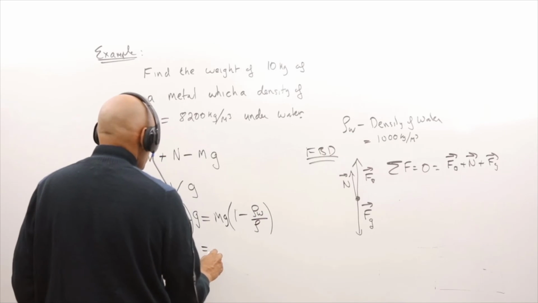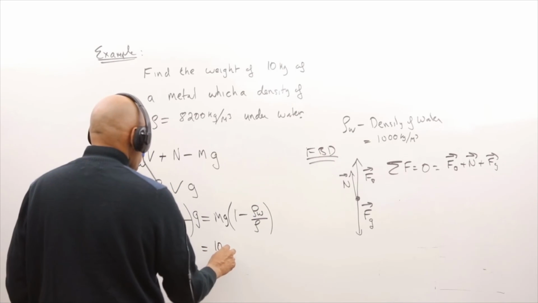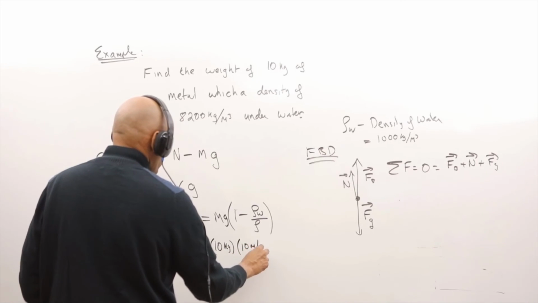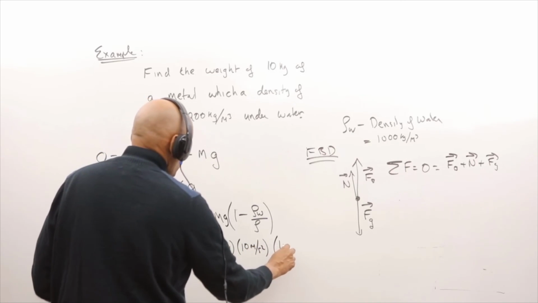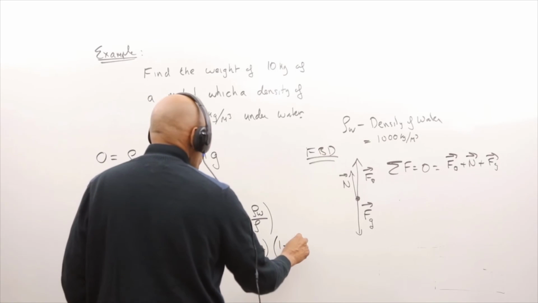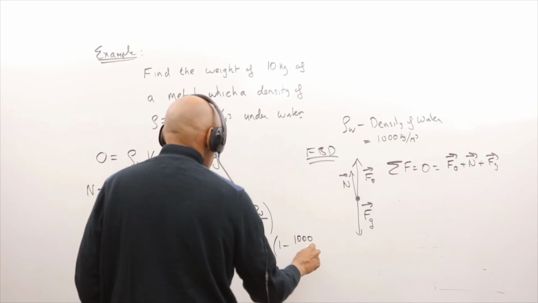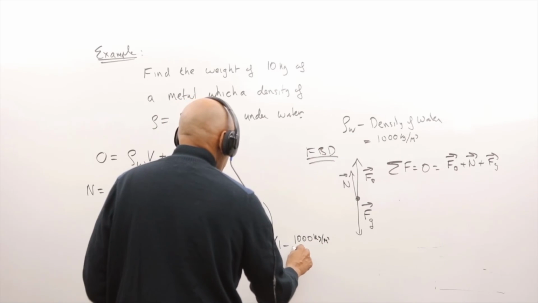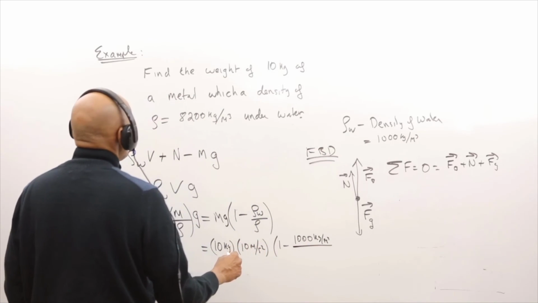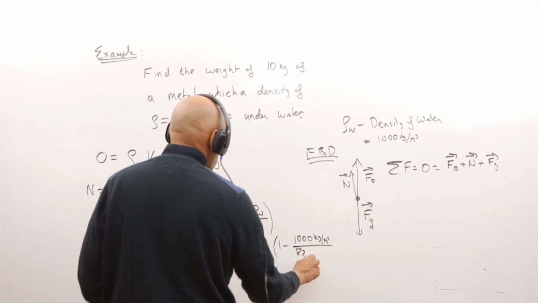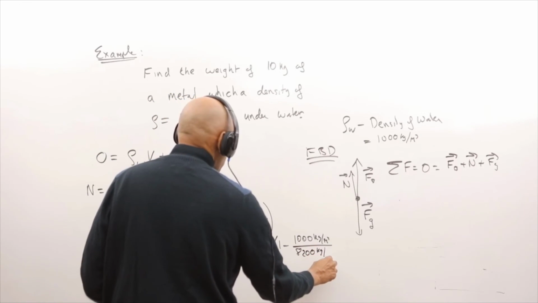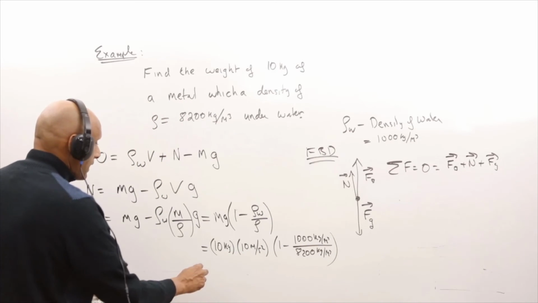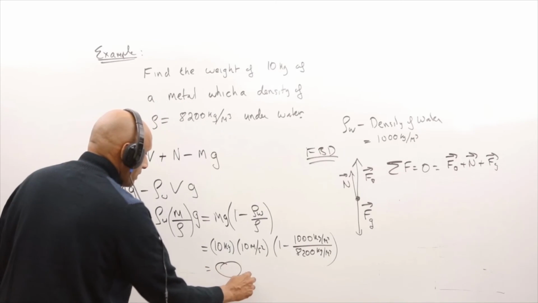In this case the mass is 10 kilograms, and I'll round g to 10 meters per second squared, times 1 minus the density of water, 1,000 kilograms per cubic meter, all over the density of the metal object, which happens to be 8,200 kilograms per meter cubed. So out comes the calculator, and we'll get our answer in newtons.